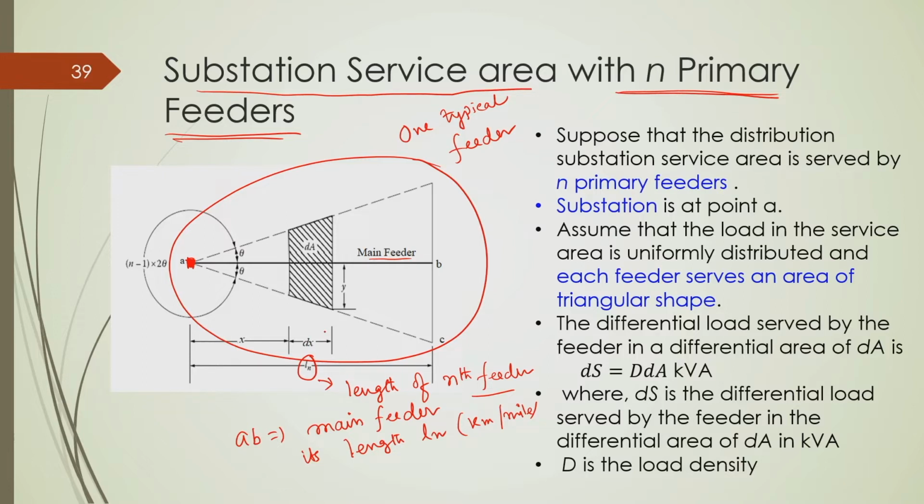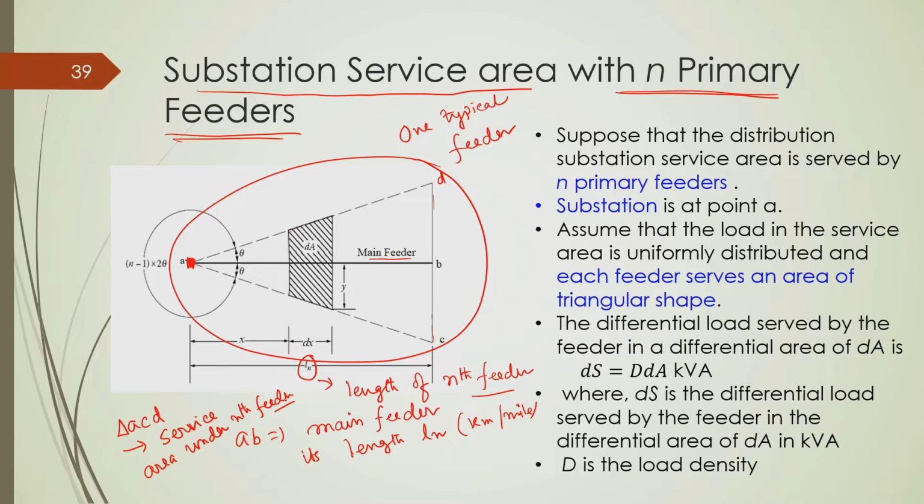Here also we have these two assumptions valid. One is the substation is centrally located, and the load distribution over the entire service area of this feeder is uniform. Now, if we put this point as D, then the service area under this feeder is this ACD. So, ACD is basically representing the service area under the nth feeder.